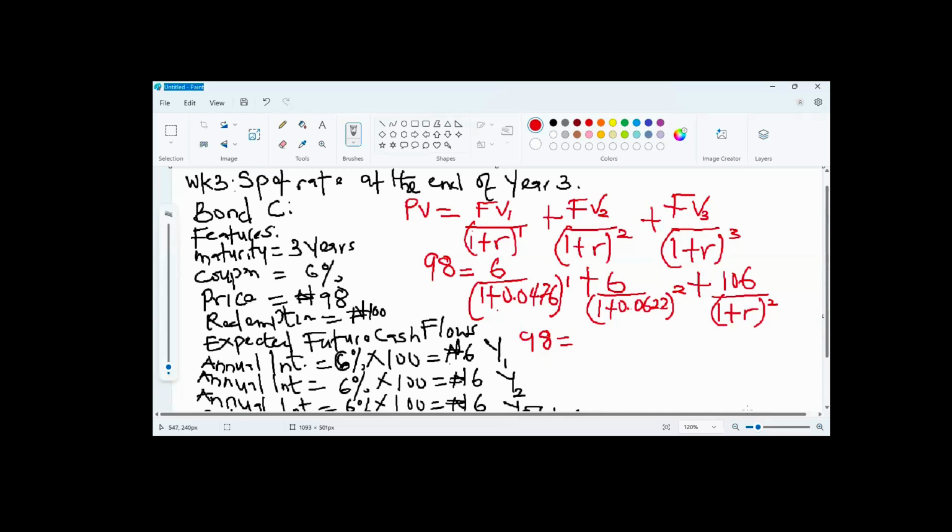Let's solve this first two. 5.7274. Plus, please work this also: 6 divided by 1 plus 0.0622, everything raised to power 2. Please apply your calculator and get a figure.